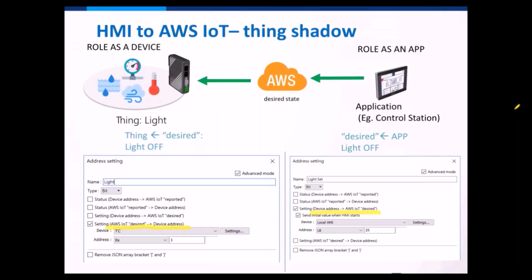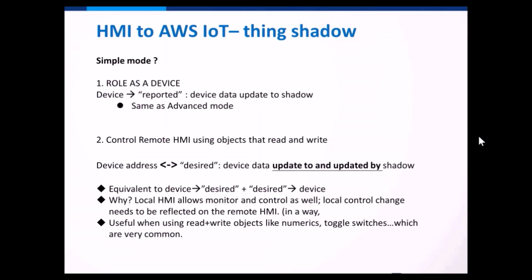We'll look at the demo first, very quickly. So this one and my word two, my bit two. The ones on the left will be the one being reported. The one on the right will take the desired.